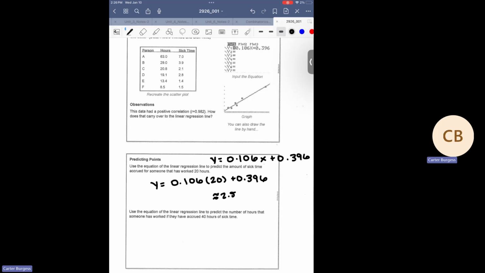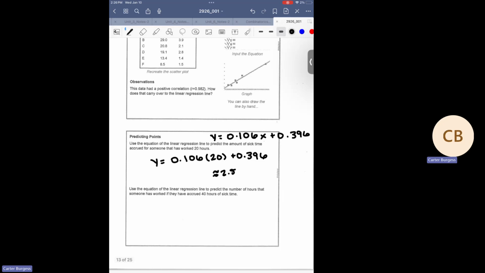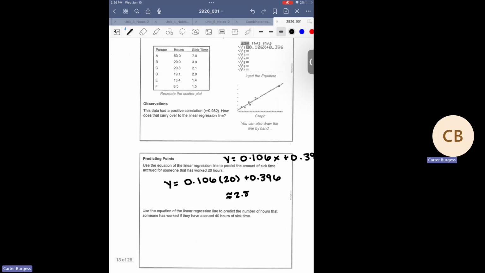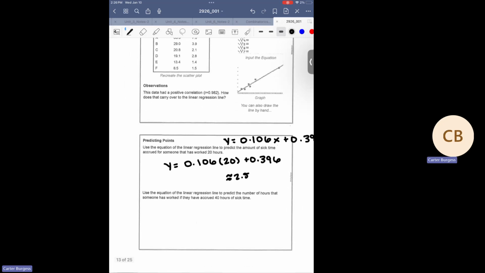Okay, we can do the exact same thing going the other direction. For instance, for our second part here, we are given that someone has accrued 40 hours of sick time, which is going to be a very large amount. What does the hours of sick time represent? Sick time is our y. So y should be 40.